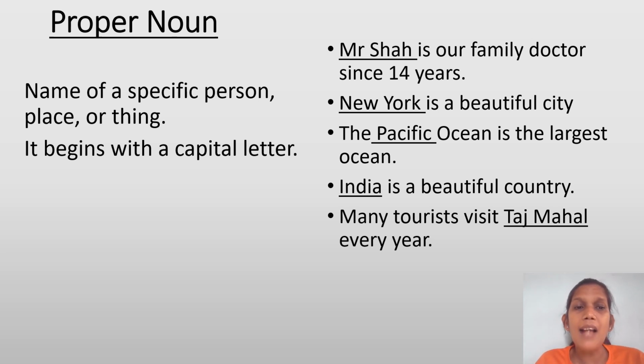Now here, the proper noun can come anywhere. It is not that the proper noun will come only in the starting or middle letter. It can be anywhere, in the start of the sentence, mid of the sentence or end of the sentence.